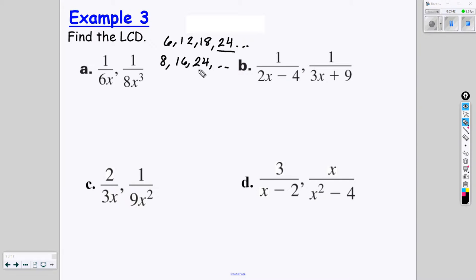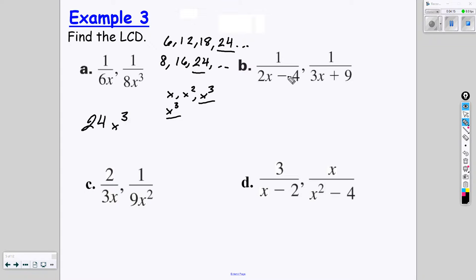Notice we have a common multiple there of 24. In terms of the variables here, we have x and x cubed. Multiples of x might be x squared, x cubed, and then boom, that would be a common multiple. So for the integers and the variables, the least common denominator would be 24x cubed.